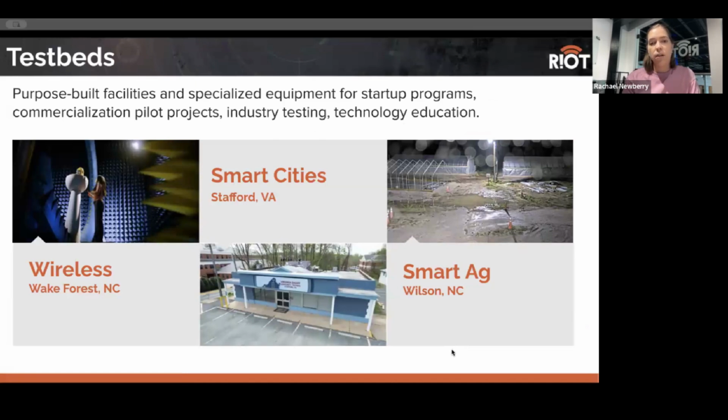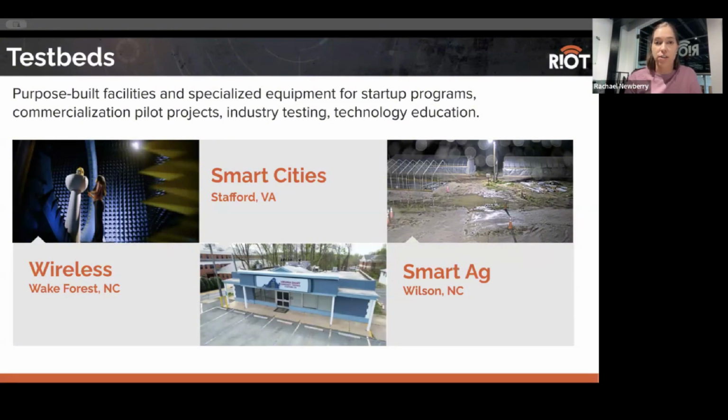Okay, so these are the kind of technical assets that exist in our network. We have a number of testbed sites that support technology commercialization. One is very close to us. They are part of our same 501c3 nonprofit under a different name.